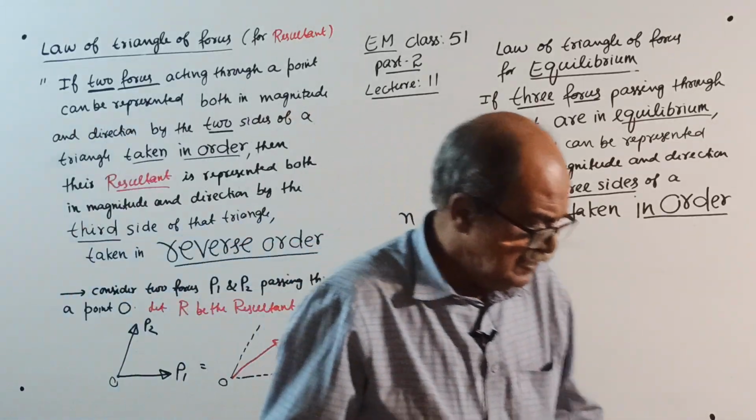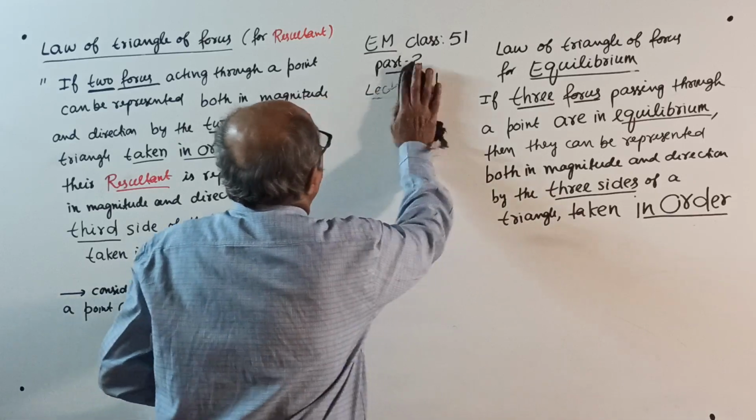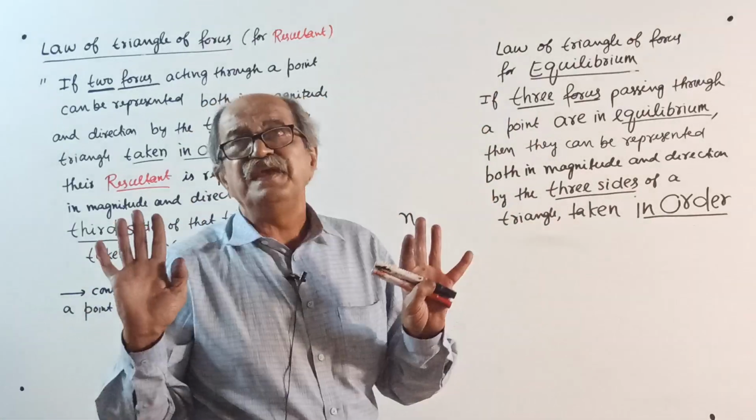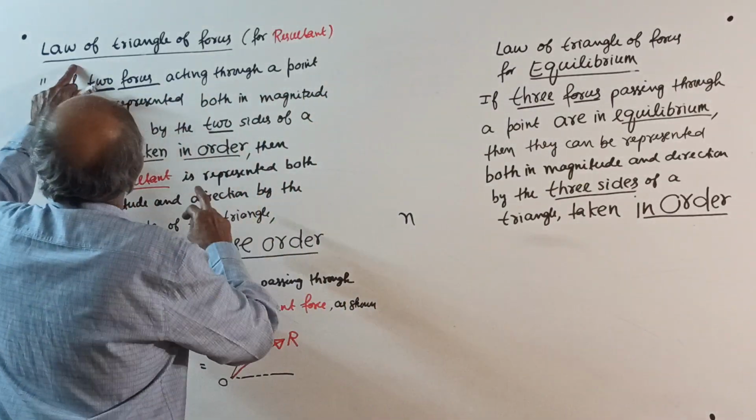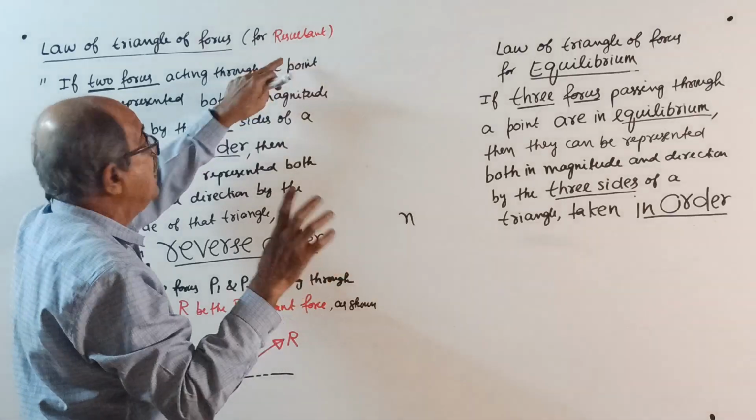But remember, law of polygon of forces in the class, I will dictate, you should write it. But in the notes, I will write everything. Okay, start. Law of triangle of forces for finding resultant, or general, in general.